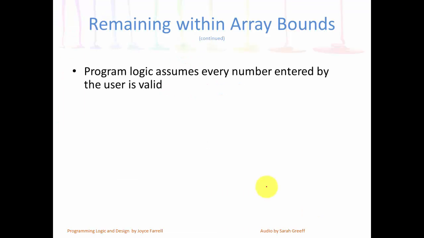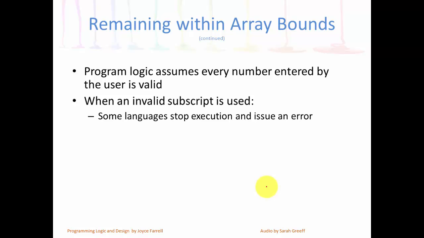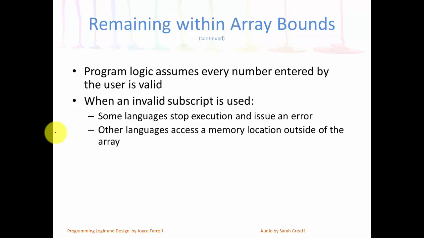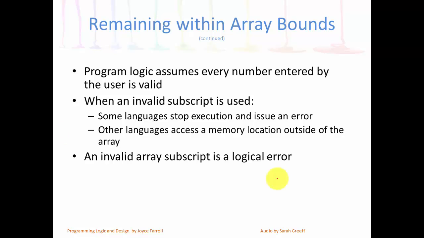Now, we know that program logic assumes every number entered by the user is actually valid. When an invalid subscript is used, some languages stop execution and issue an error. Other languages access a memory location outside of the array.